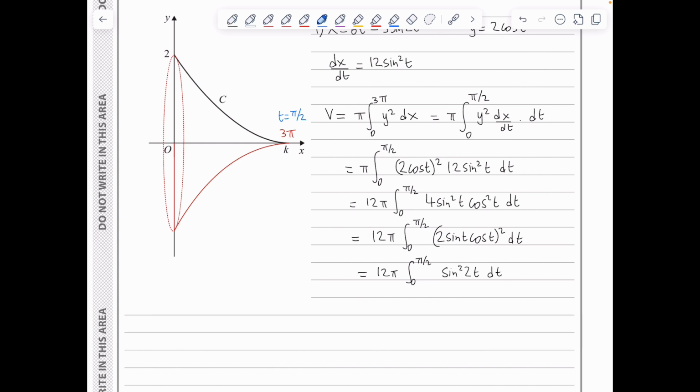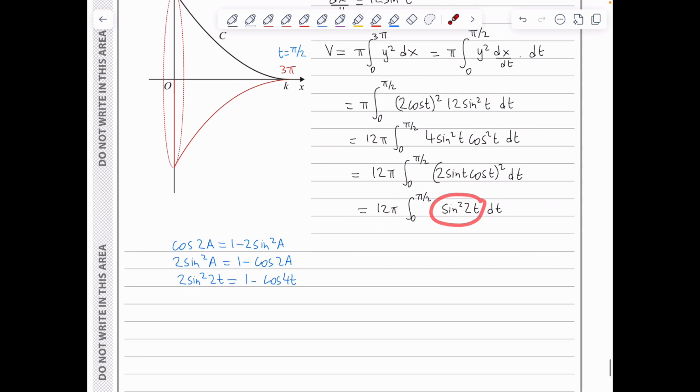Now we know that cos 2a is equal to 1 minus 2 sine squared a. So 2 sine squared a is 1 minus cos 2a. And if I substitute the a with 2t, we get that 2 sine squared 2t is 1 minus cos 4t. So it would be great if I was seeing 2 sine squared 2t here.